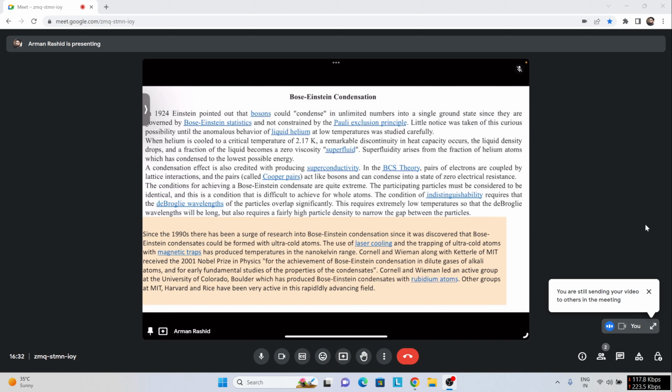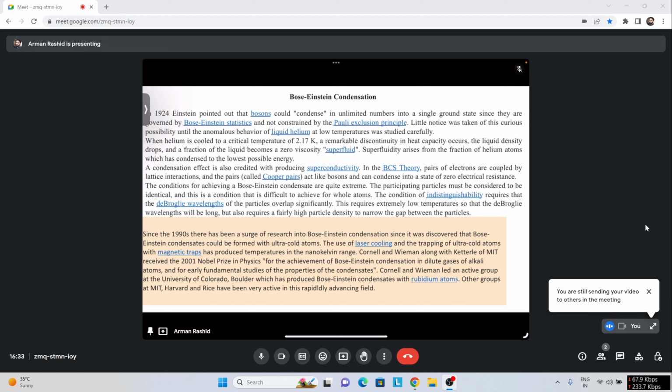Since 1990 there has been a very active search in Bose-Einstein condensation, as it was discovered that a Bose-Einstein condensate could be formed with ultra cold atoms. The use of laser cooling and the trapping of ultra cold atoms with magnetic traps produced temperatures in the nanokelvin range.